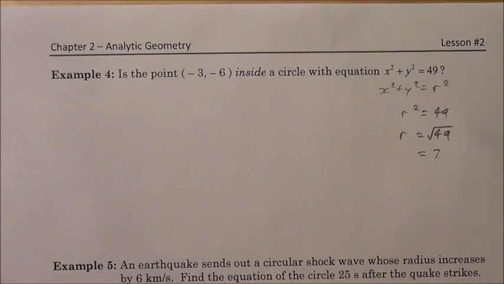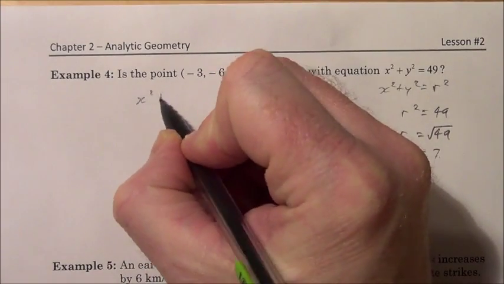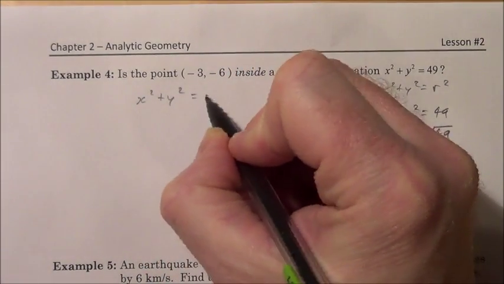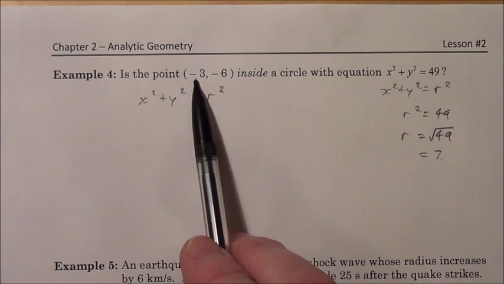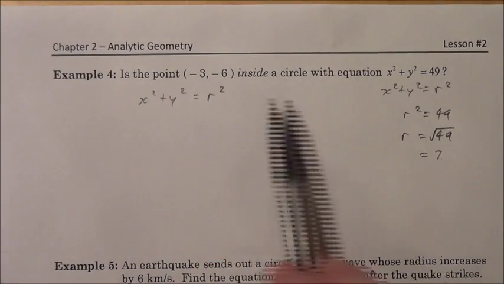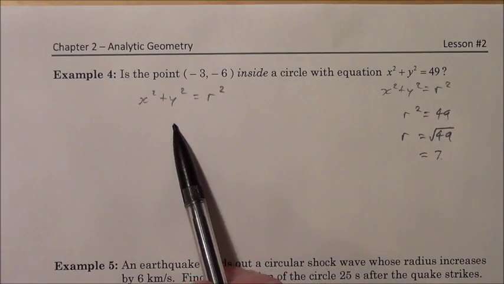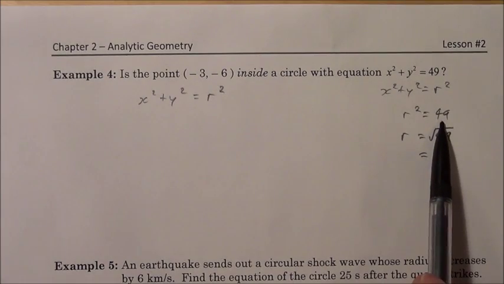Okay, so let's take a look at this. What we need to do is set up the, well, it's Pythagorean theorem, but it's also the formula for the equation of a circle. We've got our x value, we've got our y. We can work this out and we can see if our r squared is less than or greater than 49.